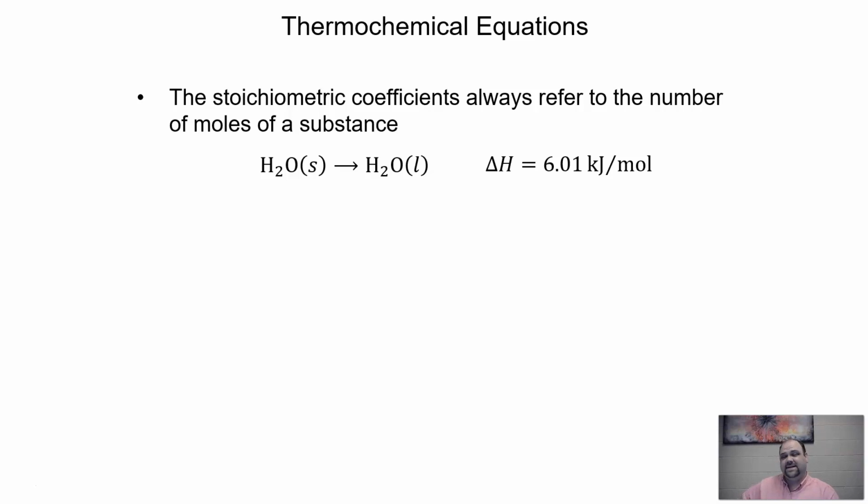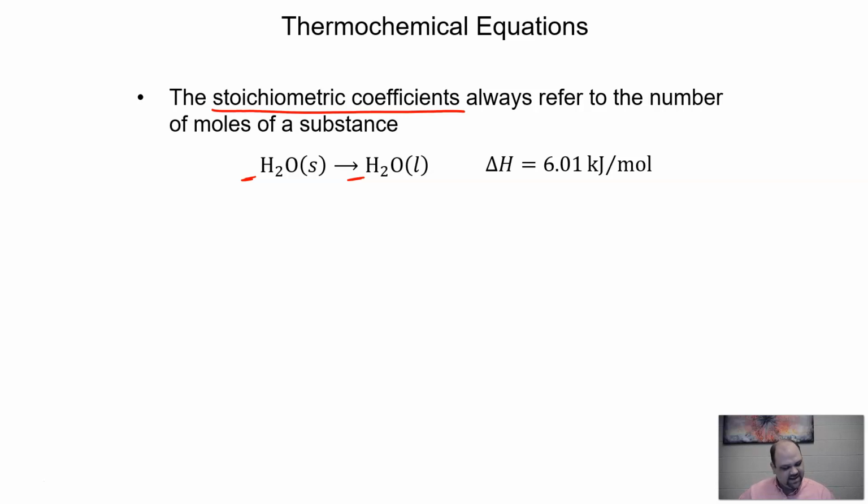And so a few things to keep in mind as we move more into thermochemistry. First, when we talk about stoichiometric coefficients, what are those again? Those are in our balanced chemical equation, right? Our coefficient here and our coefficient here. They're both 1 in this case. But they refer to the moles of a substance, right?